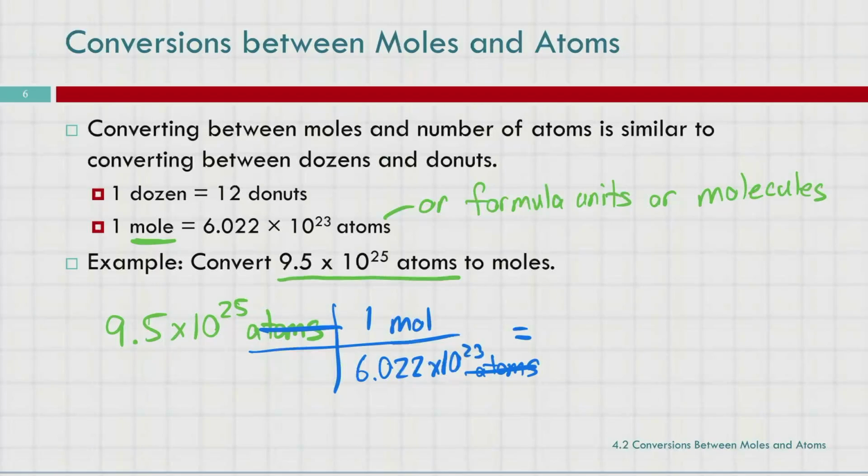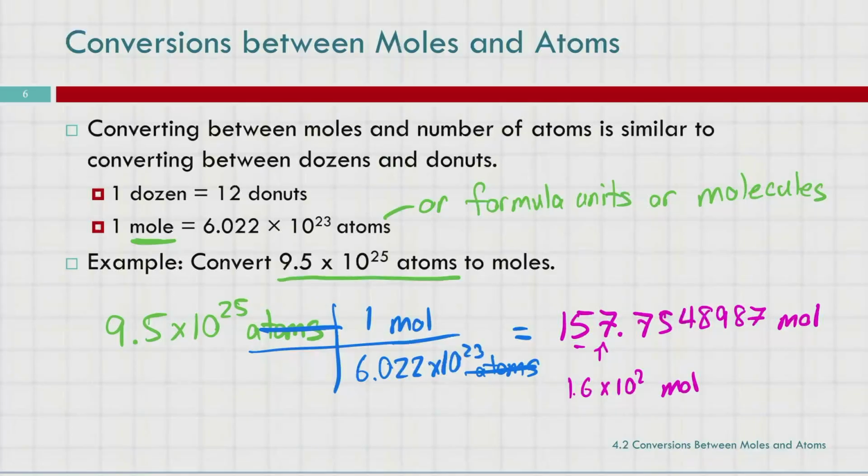You should get something like this. And if we care about sig figs, optional in this case, I don't really care for this question, but it would be about 160.